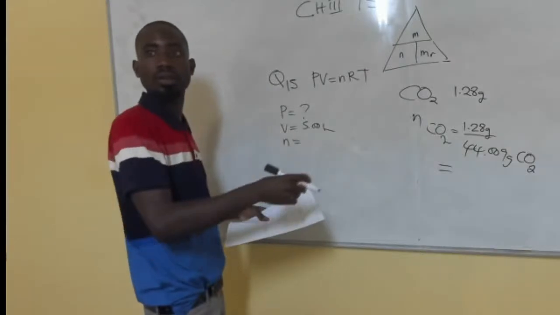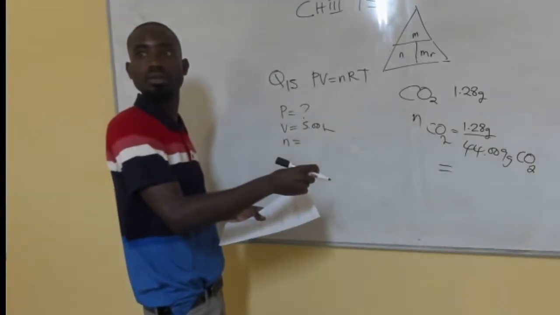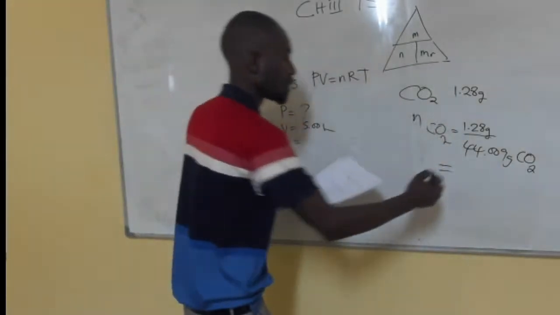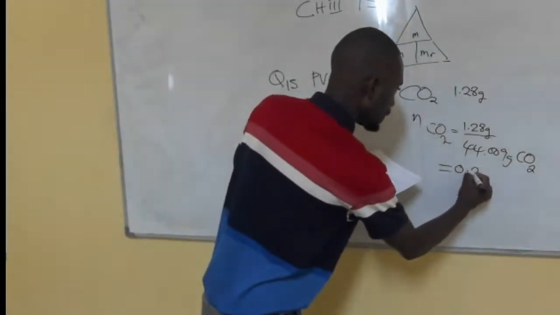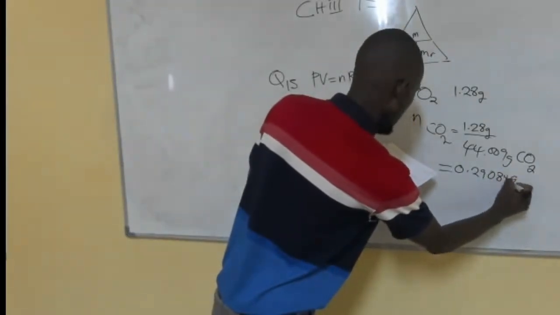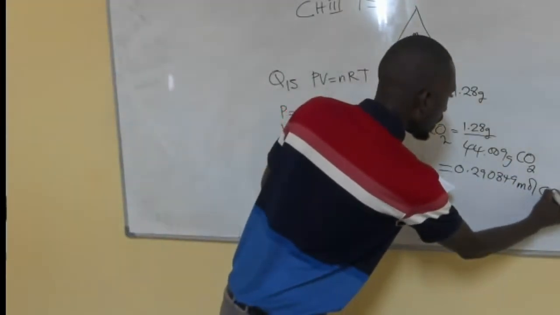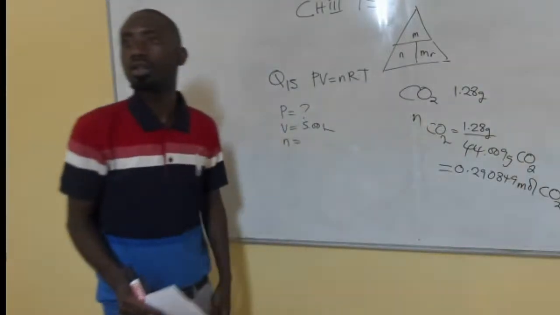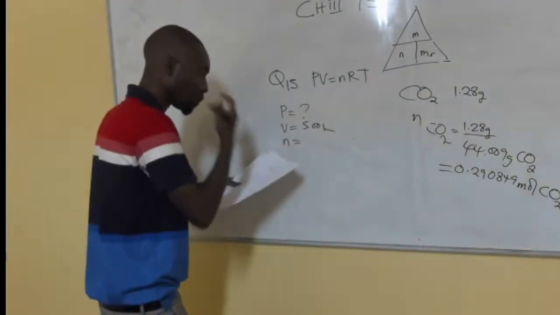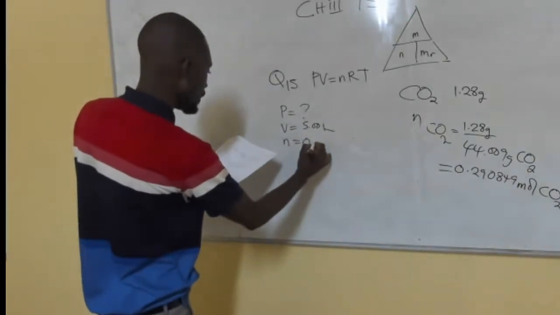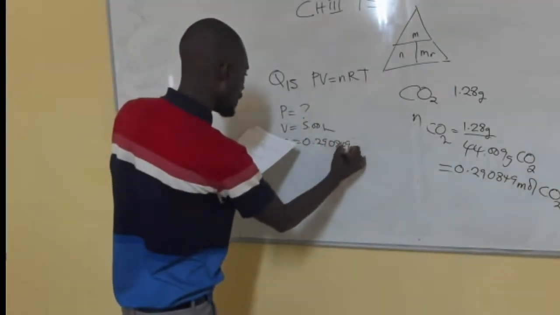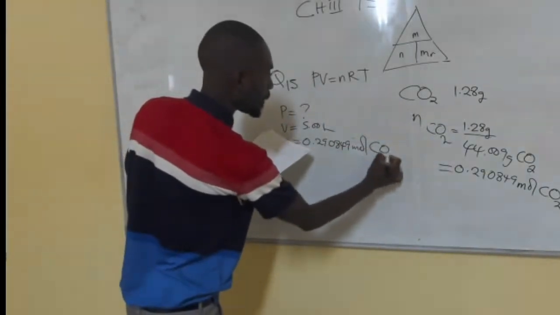So now since we have that one, we can divide. This one should give us 0.29089 mole of carbon dioxide. You now substitute, so you have 0.29089 mole of carbon dioxide.